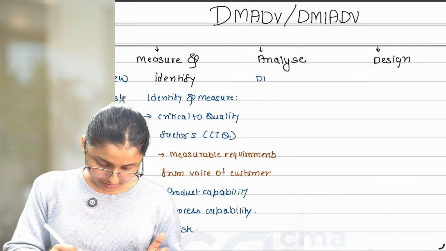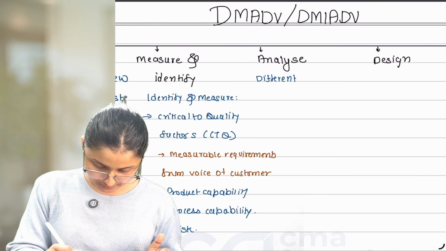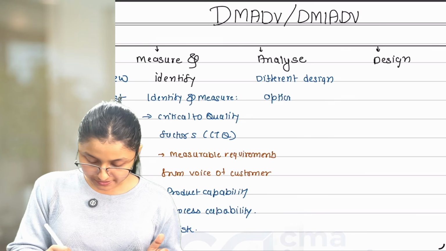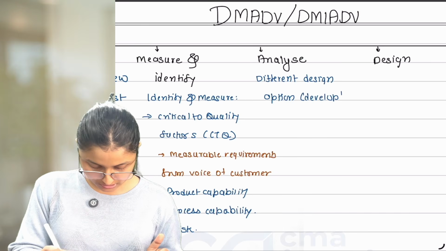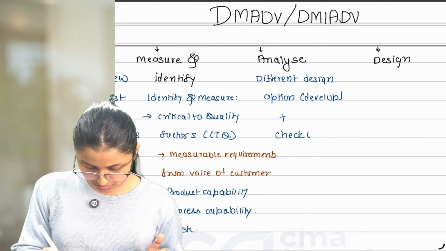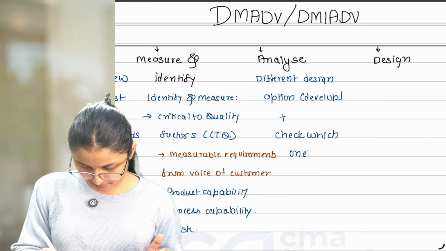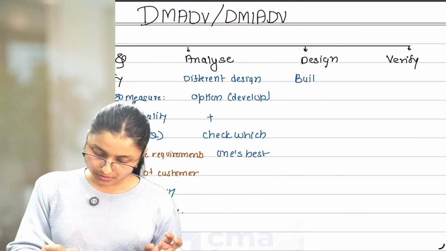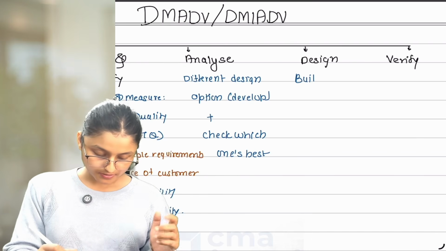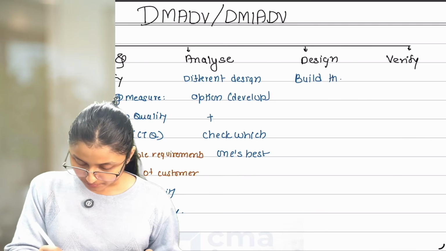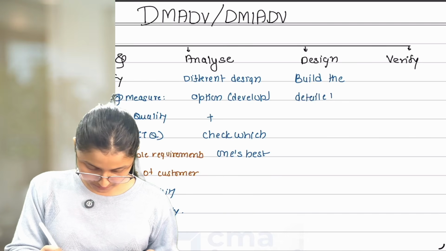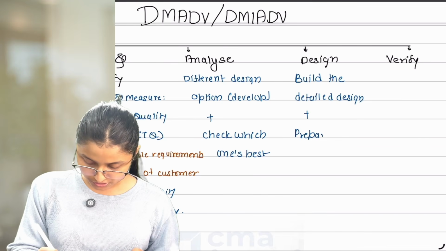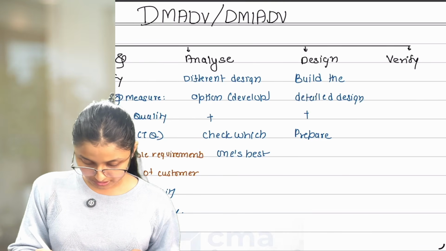Here we will check different design options, or we will develop different design options, plus check which one's best. Next, design. Now, whatever design is finalized, we'll develop it in a detailed manner. Build the detailed design, plus prepare a verification plan. How will verification be done? We'll prepare a plan for the same.